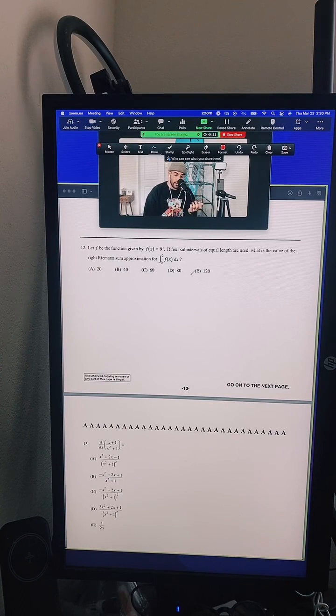We have the area underneath the curve from 0 to 2, but they want 4 equal subintervals. So we're going to cut these up into halves. It is going to be a right Riemann sum, so the rectangles are going to look like this.